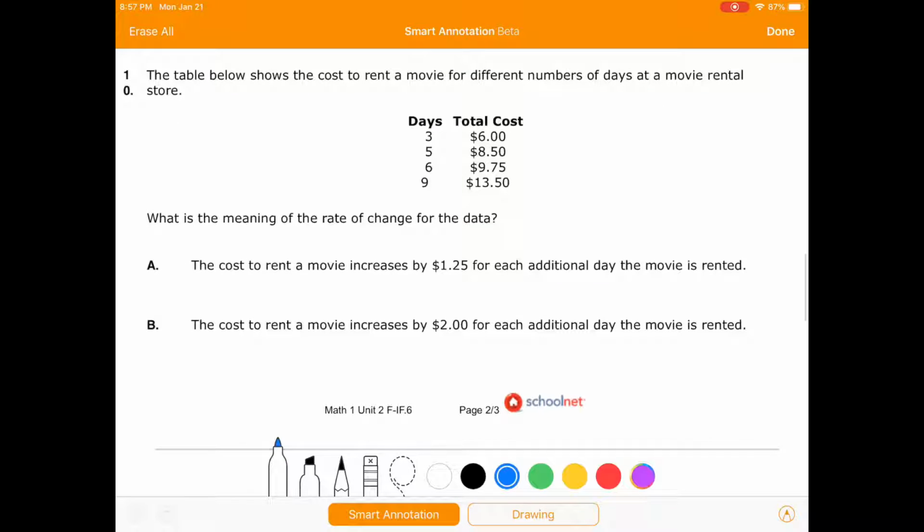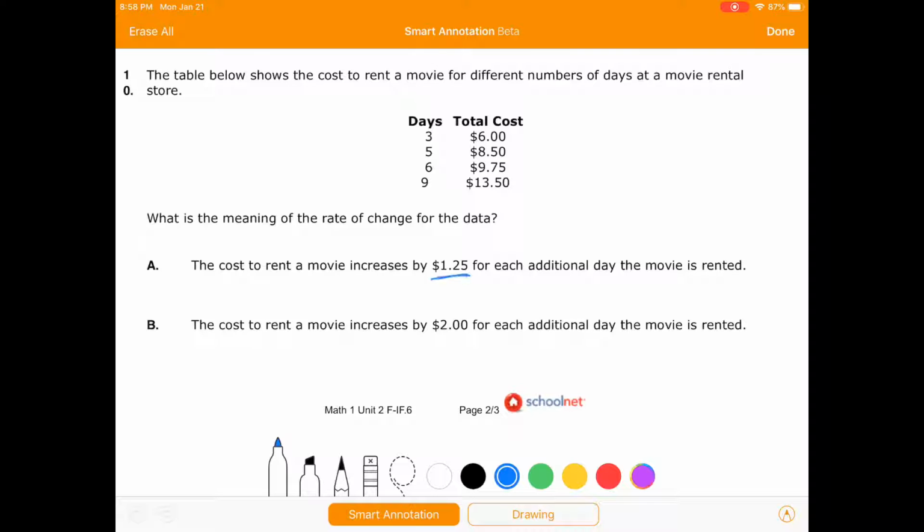Now, I know that doesn't say 10, but it's question 10. The table below shows the costs to rent a movie for different numbers of days at a movie rental store. What is the meaning of the rate of change for the data? So what we want to do is first find the rate of change, because we're not told that.